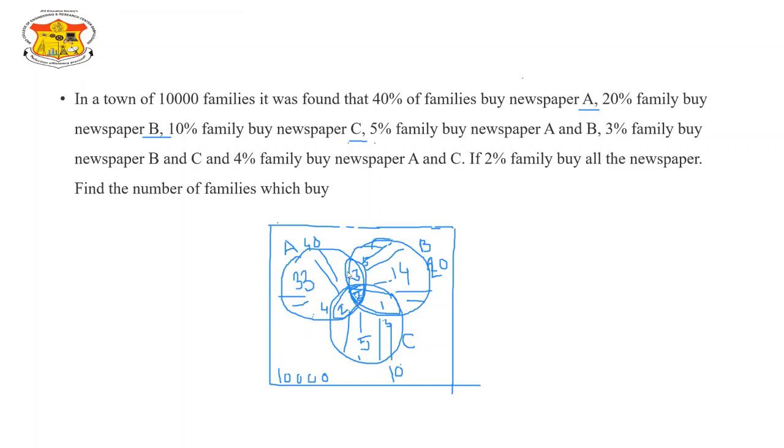Using this Venn diagram, we can find out the answer to whatever questions are asked for this example, very easily, because we have already found each and every region for the given Venn diagram. So we'll see the questions one by one.